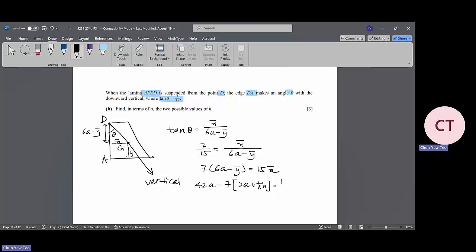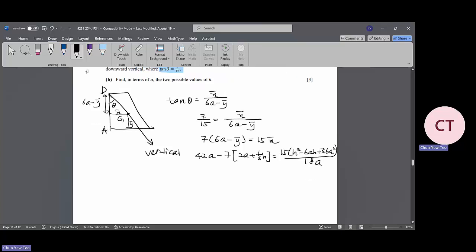Then this one is 15 H square minus 6AH plus 36A square divided by the 18A. So we keep expanding.